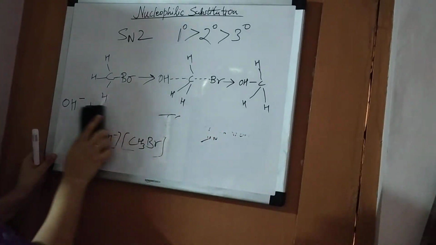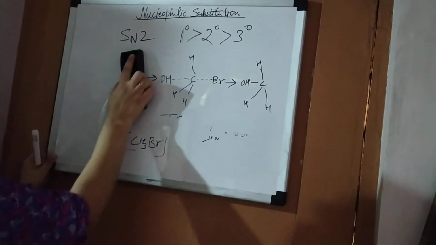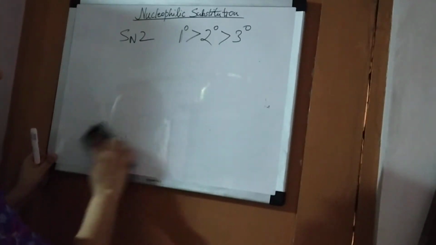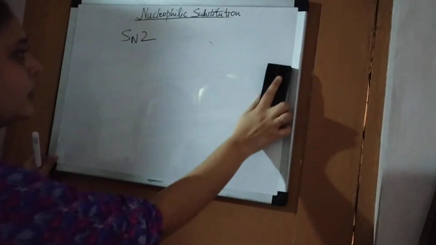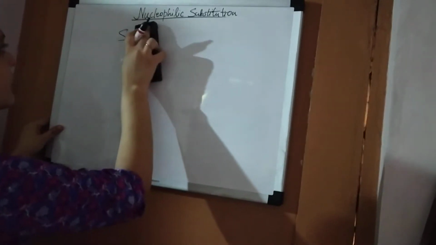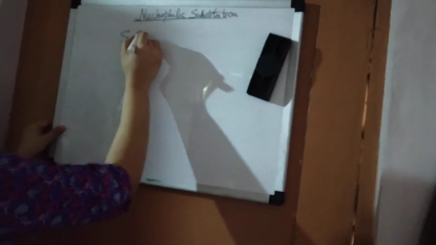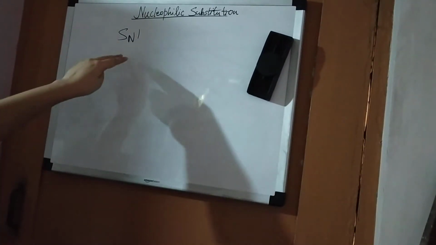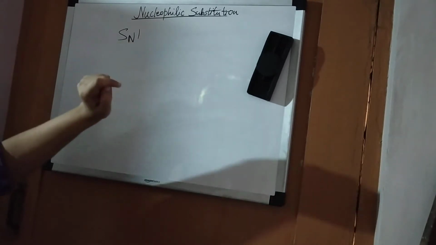Now we will see what the SN1 reaction is. SN1 is substitution nucleophilic unimolecular, which means that the rate of the reaction depends on only one of the reactants, that is the alkyl halide.